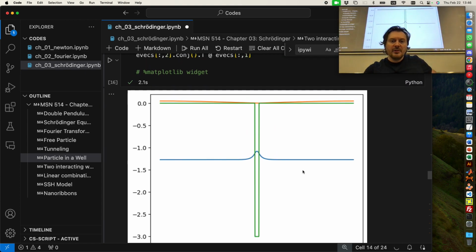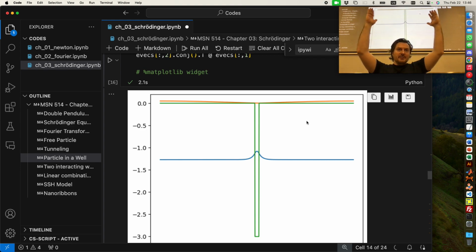And I'm only plotting the first 2 eigenstates. You can even ignore this one. So not all states need to be confined in the well. You know, if you have an infinite well, all states need to be confined in that well. Okay? But if you have a finite well, some of the states will just not be inside, their energy will not be below the top of the potential.